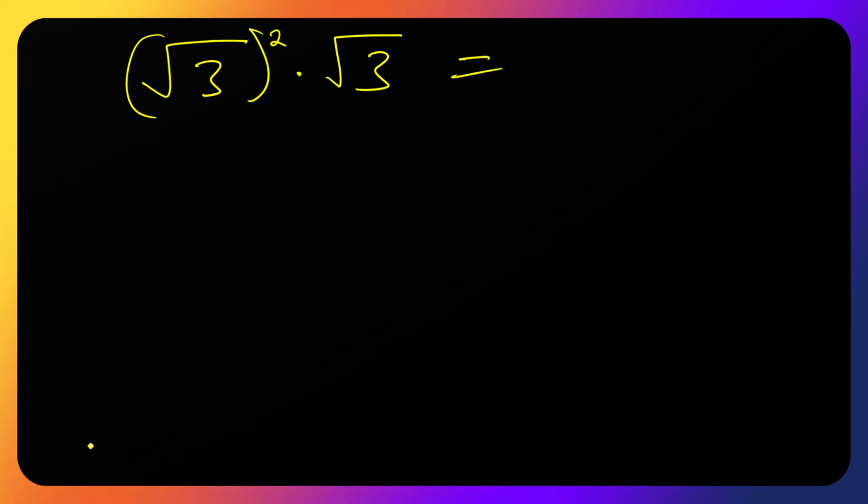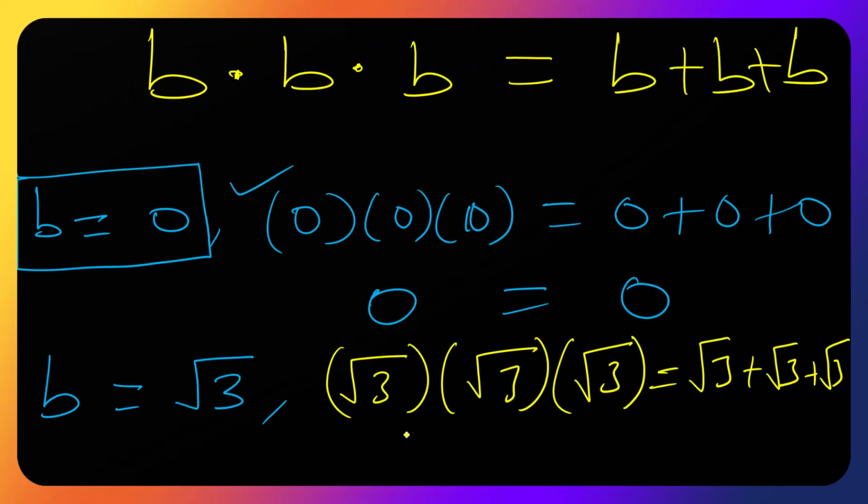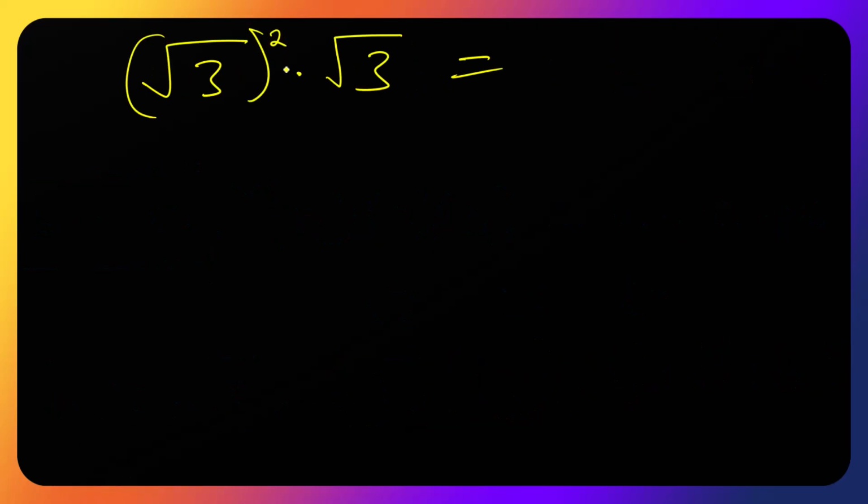This one times that will be 3, or square root of 3 all squared, so this will cancel, that will be 3 with 3, then the square root of 3.